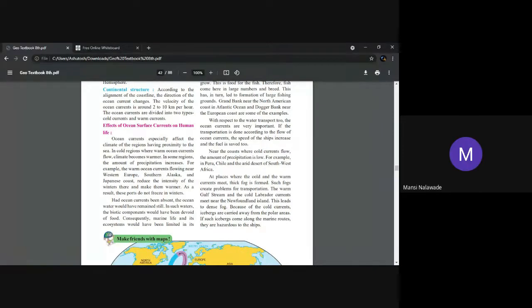In cold regions where warm ocean currents flow, climate becomes warmer. Very good. That much is the answer, my dear. Yes, Nidhi. In cold regions where ocean currents flow, climates become warmer. Very good.